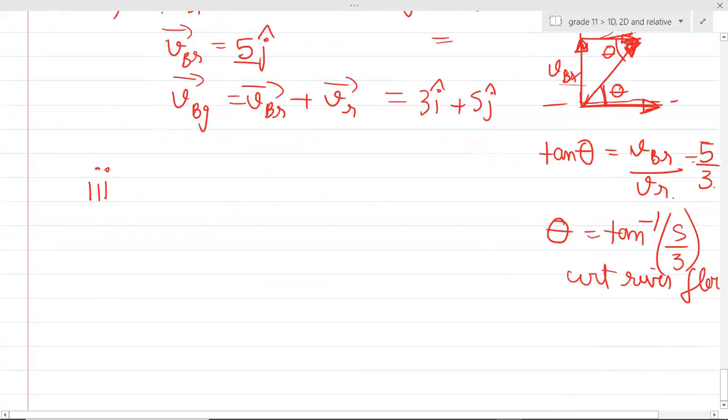Now the third part is to find out the drift. Drift will be basically equal to the velocity in the direction of drift, which is VR, multiplied by time. So 3 multiplied by time.